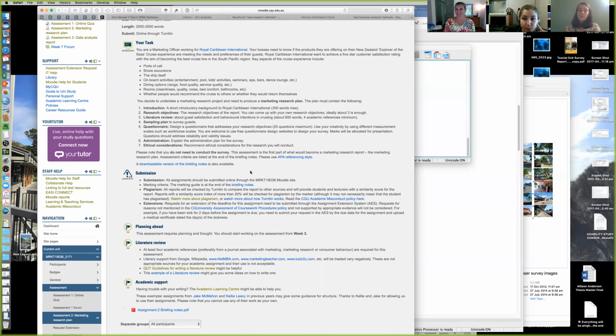Then there are response rates for your chosen method. If you choose SurveyMonkey, does it have a higher response rate than if you post something out to people, or if you go and visit them? Visiting is pretty unlikely, because it would cost a lot to go out and visit everybody and ask how was your cruise.